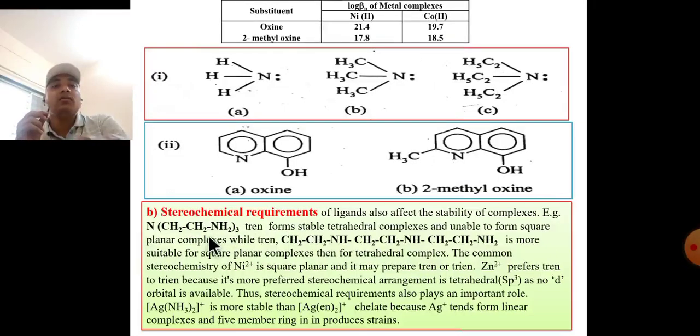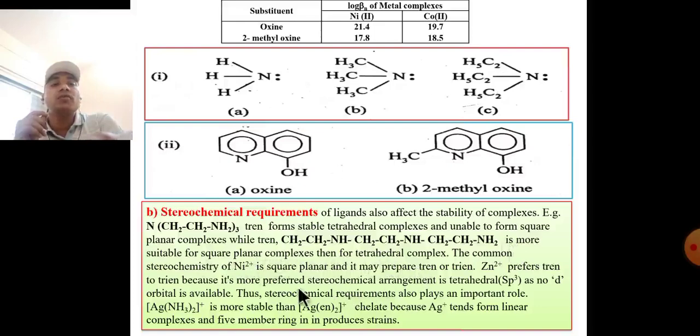Next point is that the stereochemical requirement of the ligand also affects the stability of the complex. Example, tren forms a stable tetrahedral complex and is unable to form square planar complexes, while trien is more suitable for square planar complexes than for the tetrahedral complex.